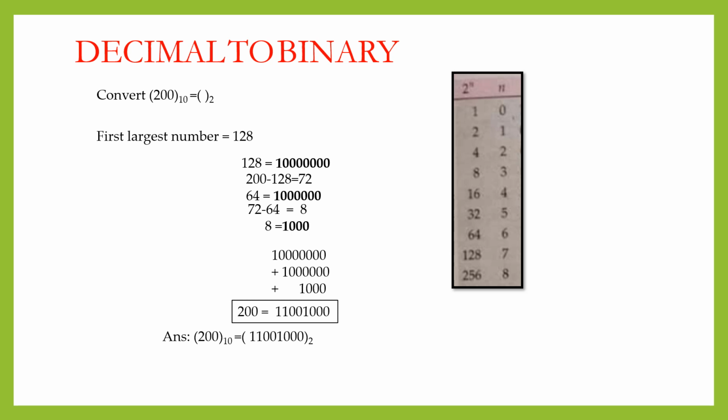From the table, 2 to the power 3 is equal to 8 and it is the largest number. So put 1 at the 4th position and 0 at all other positions. Finally add all the binary numbers, and the binary equivalent of 200 is 11001000. So that is our answer.